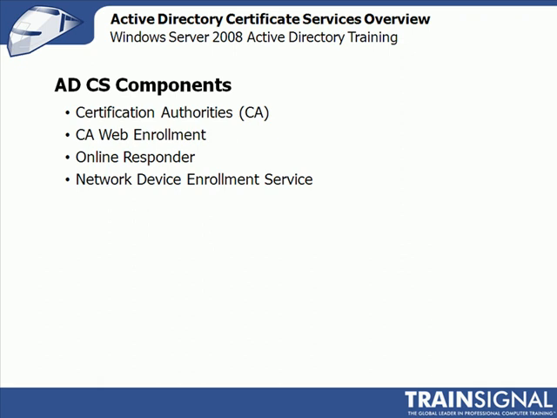The next component here is CA Web Enrollment. And this is a component that, quite frankly, just to keep it really simple, is a way of simplifying the interface between users and CAs. With CA Web Enrollment, a user can use a web browser to do things like request or possibly renew a certificate, or also retrieve something called a CRL, which stands for Certificate Revocation List.